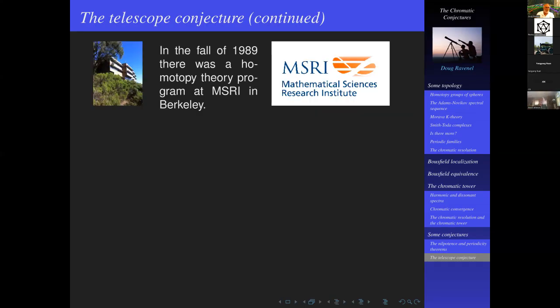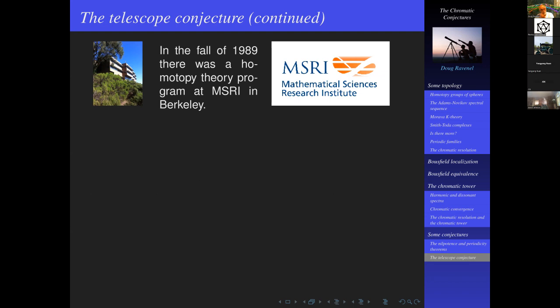Now, this brings us to the fall of 1989. At that time, there was a homotopy theory program at MSRI in Berkeley. I know it's since changed its name to Simons Laufer Institute for Math. But anyway, it was known then as MSRI, and there were a lot of homotopy theorists there.